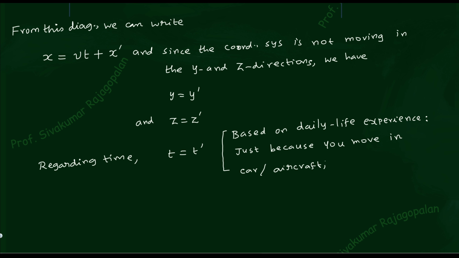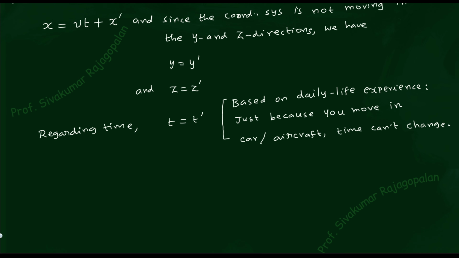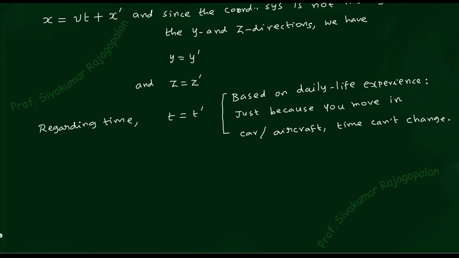Just because you move in a car or an aircraft or in a rocket, whatever it is, time cannot change, and therefore t equals t prime. This is the reasoning given by Galileo, and it was also accepted by Newton, and they all agreed that t equals t prime. That's it.